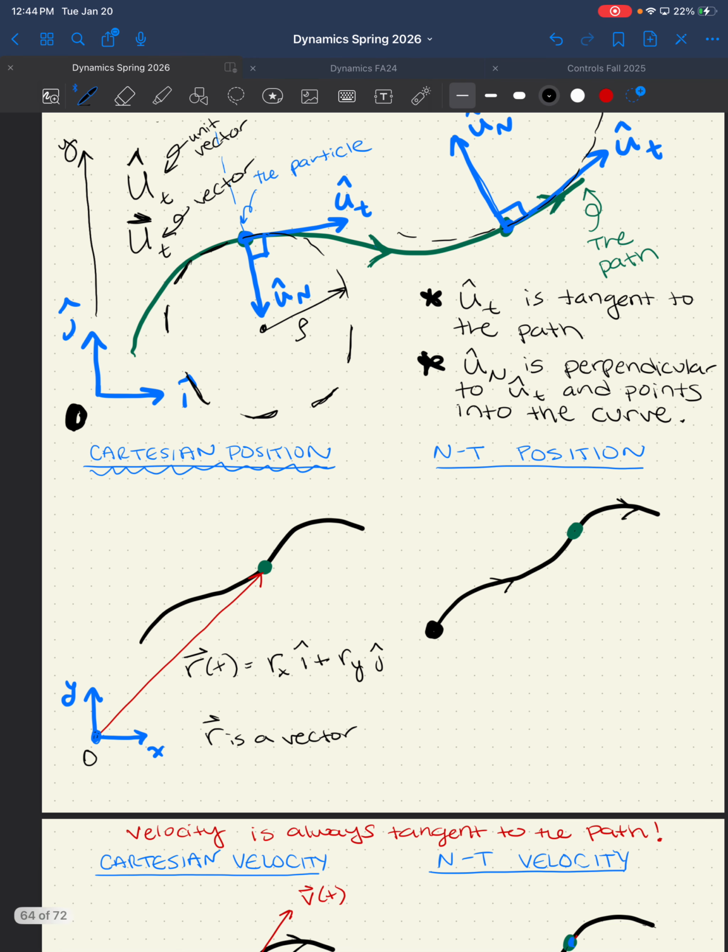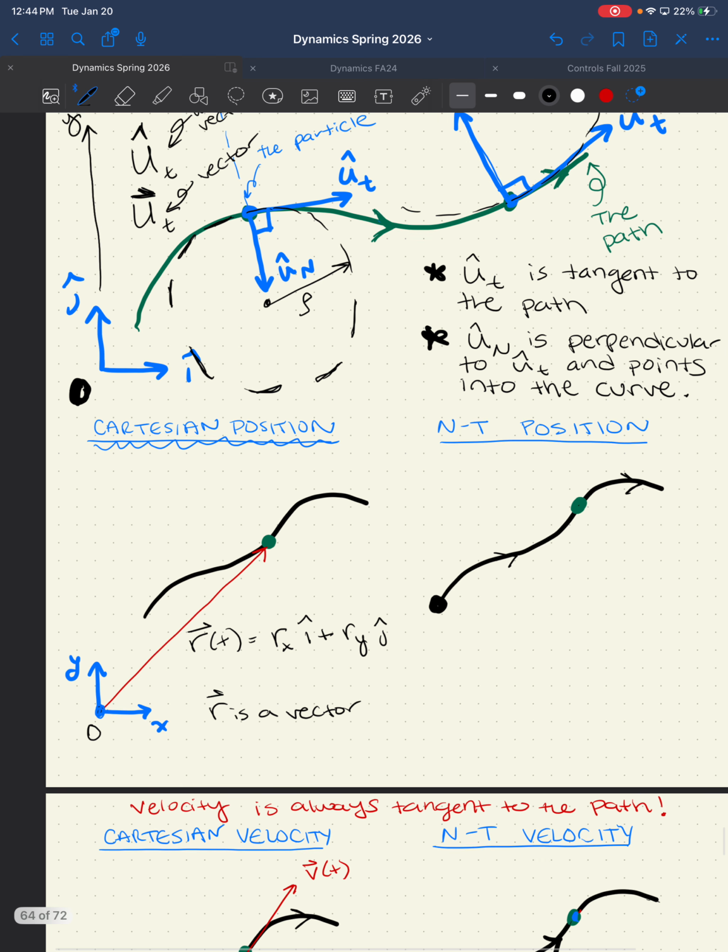On the left, our position vector is the vector that connects from the origin of our XY coordinates to the particle's position. That red arrow is r. r is a vector, and we say that r has some amount rx in the i hat direction and some amount ry in the j hat direction.